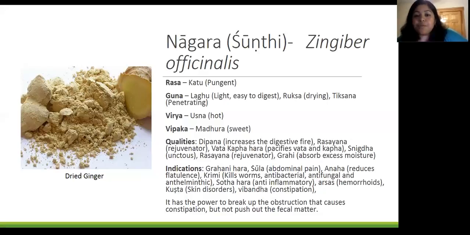Okay, so this is one caution to keep in mind with ginger, especially. Ginger works really well in Vata and Kapha, but ginger absolutely can increase Pitta if these two have subsided.